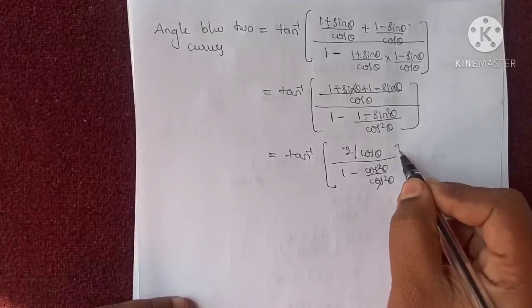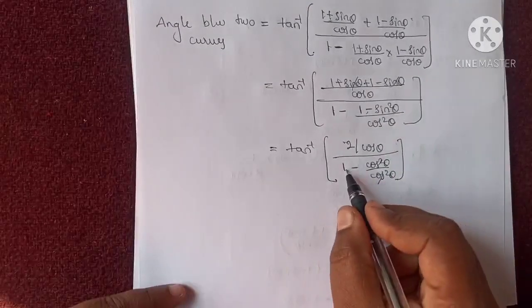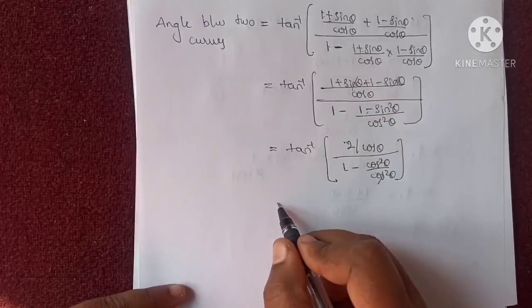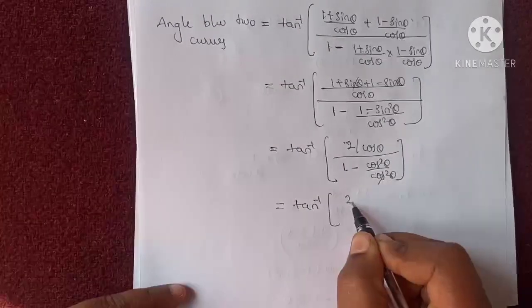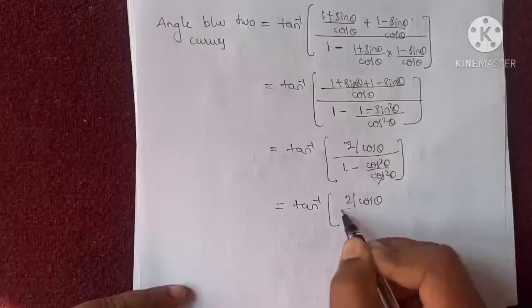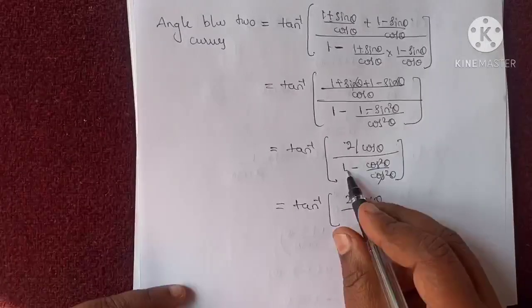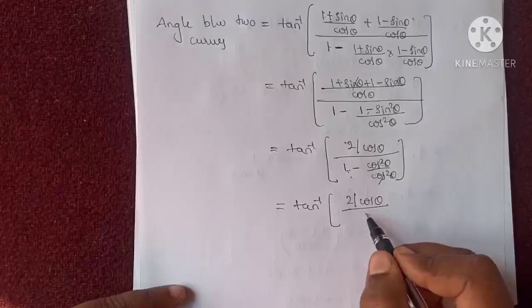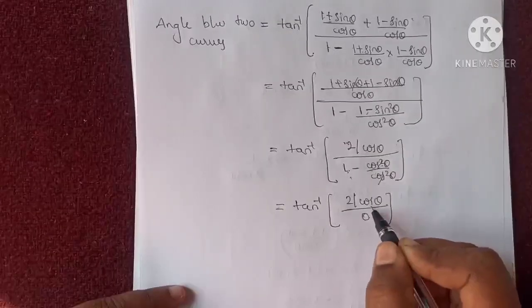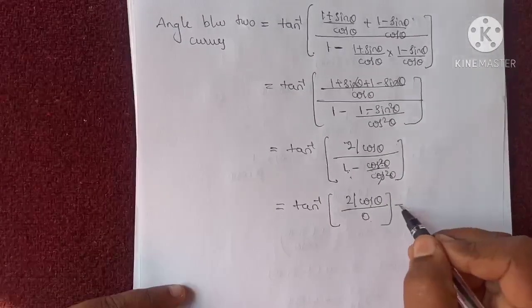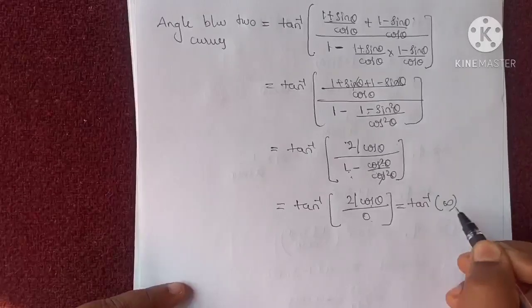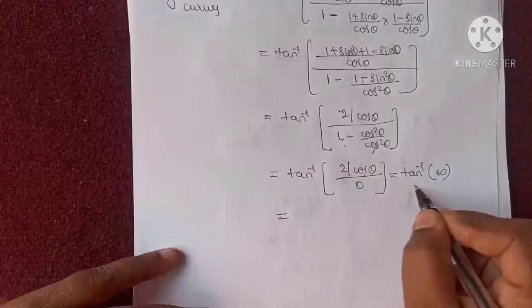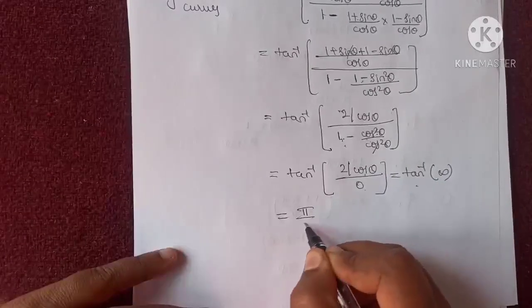Cos square gets cancelled, and we get 1 minus 1 equals 0, so it is tan inverse of 2 by cos theta divided by 1 minus 1, which is 0. Anything divided by 0 gives infinity, so we get tan inverse of infinity, which is pi by 2.